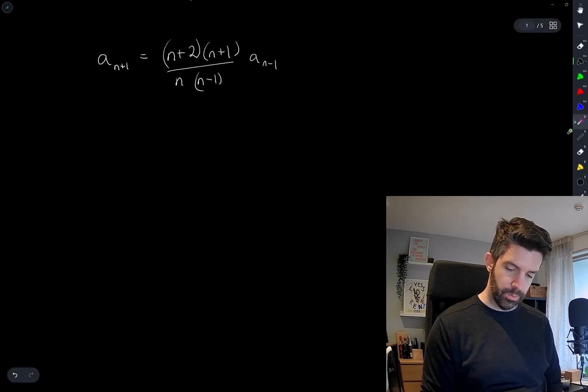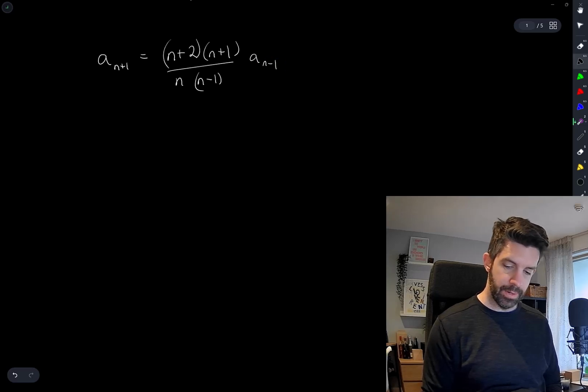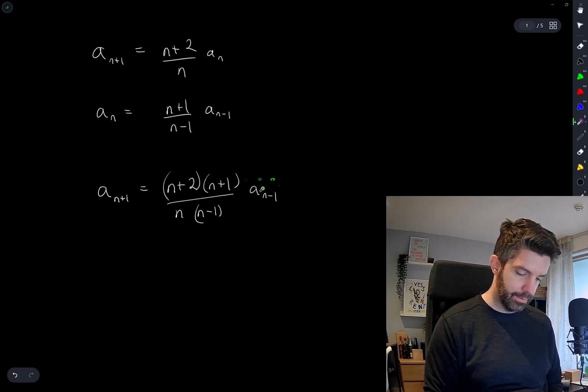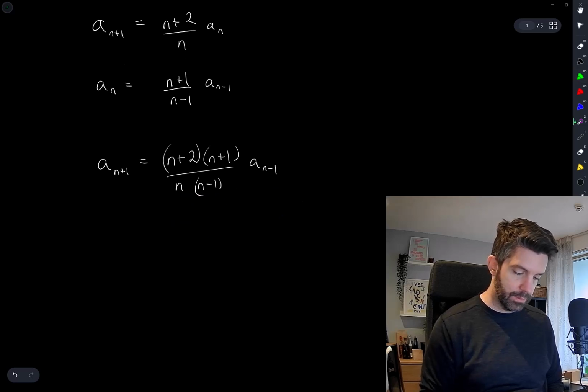And if I just keep doing this and go all the way back to where I have an index of 1 here, this decreasing sequence is going to continue. But we're going to get a lot of cancellation of terms.